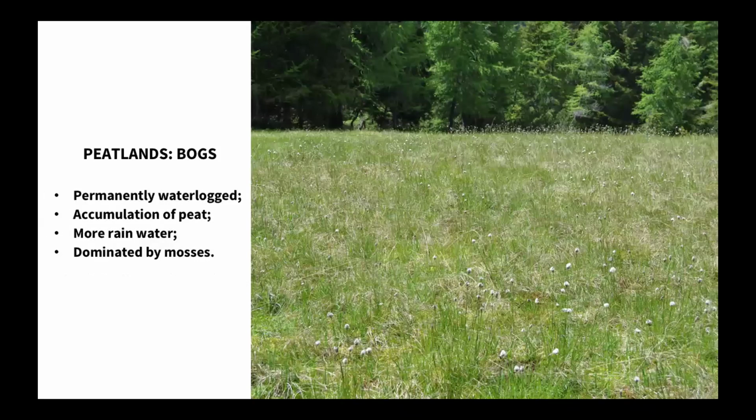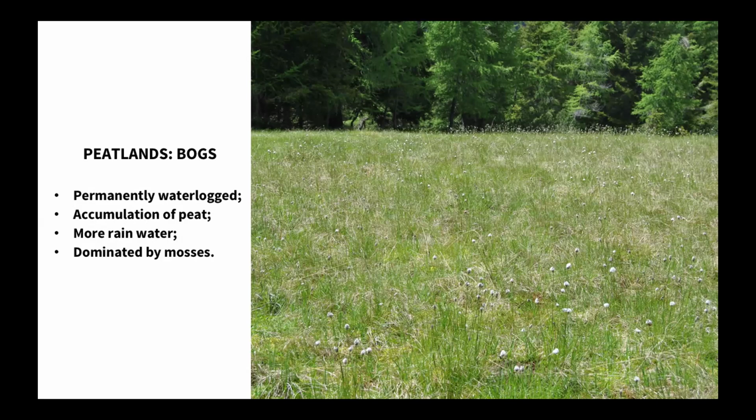And on the other hand, bogs tend to be peatlands, fens, that are very old. So they started as fens, and in the meantime, peat accumulated to a level that the water table could not reach the upper layer of the soil anymore. This leads to a particular situation where most of the water feeding the environment is rainwater, so precipitation water, obviously rain and snow, and in some other cases other precipitation events.